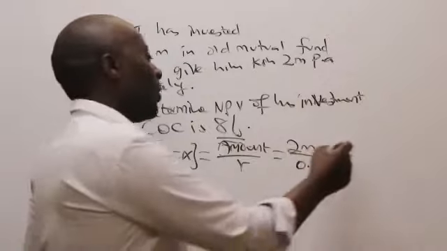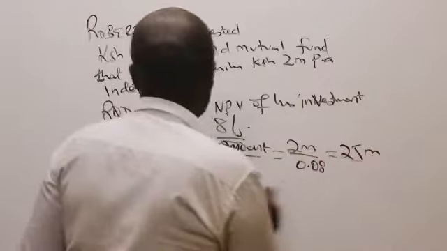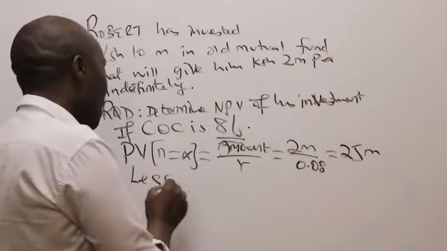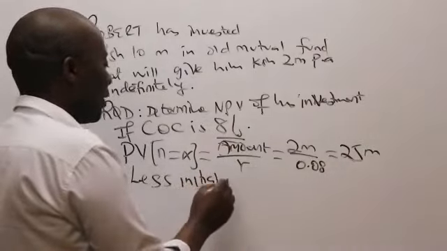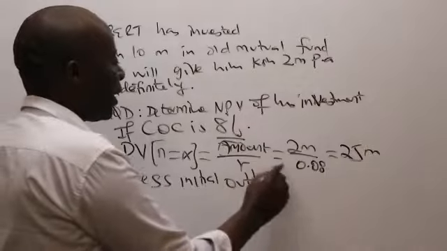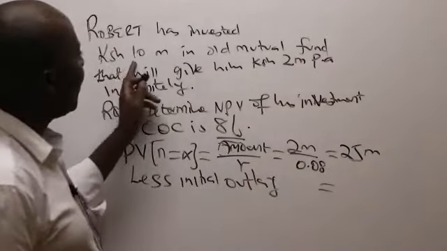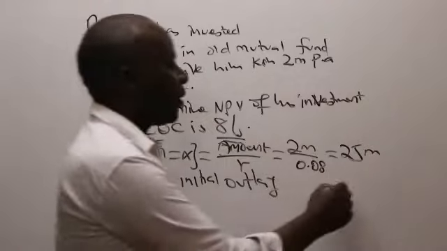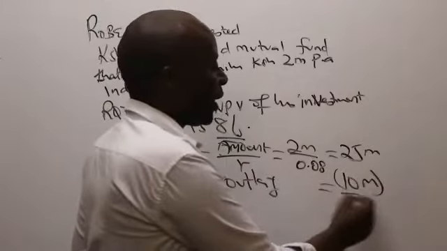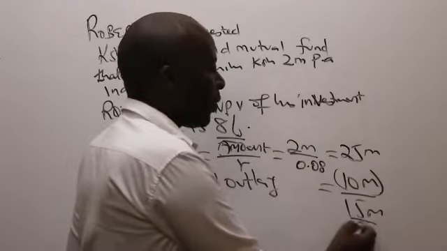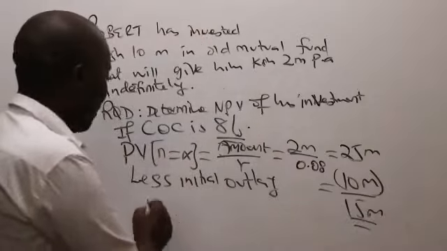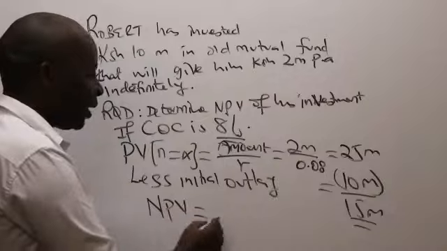25 million. So when you get this 25 million, you now subtract the initial outlay. The investment here was 10 million, so you subtract like that and you get 15 million, which is the net present value.